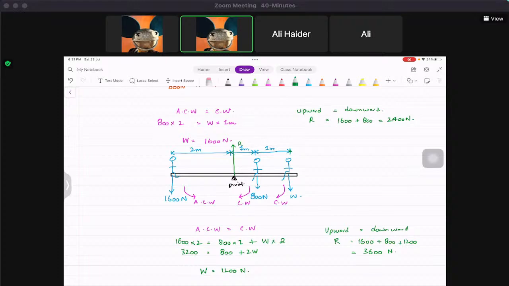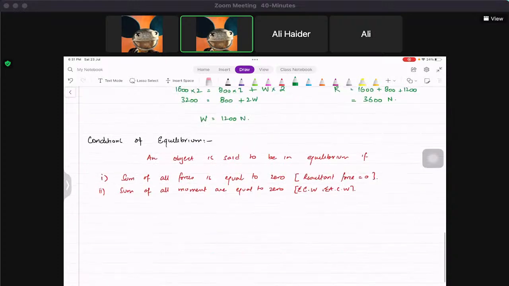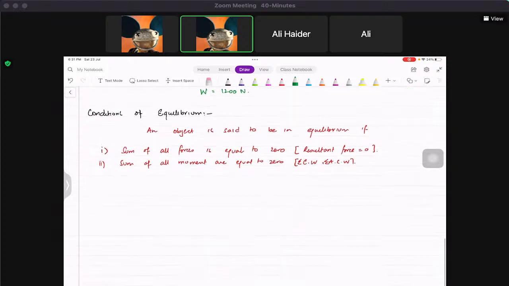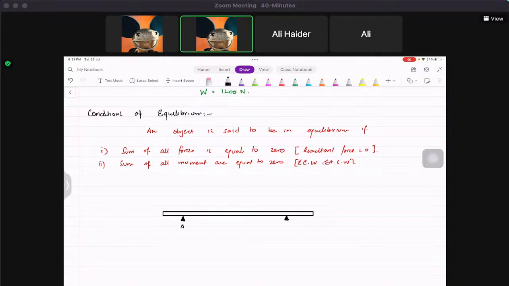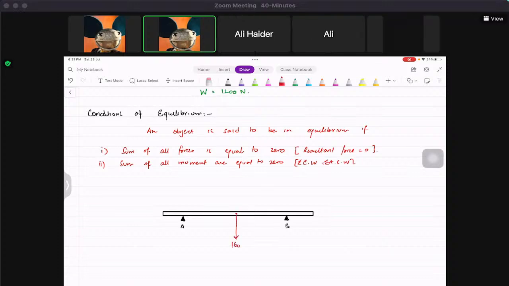Now, this is important because if there are two pivots, say A and B, right? Suppose the weight of this beam itself is 1600 newtons, and there is a box placed here which has its own weight of 800 newtons. Now they've given the distances.